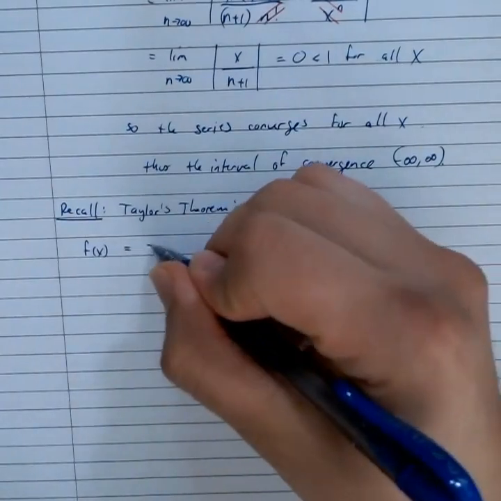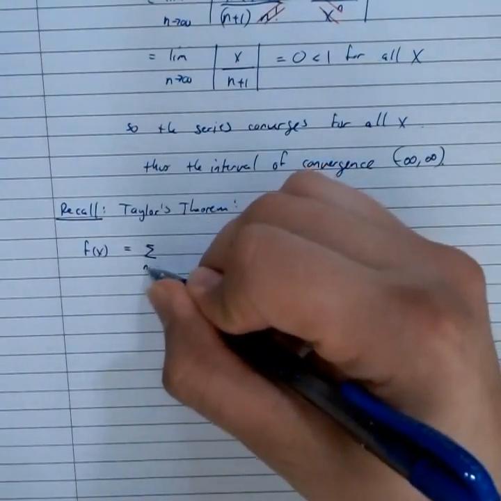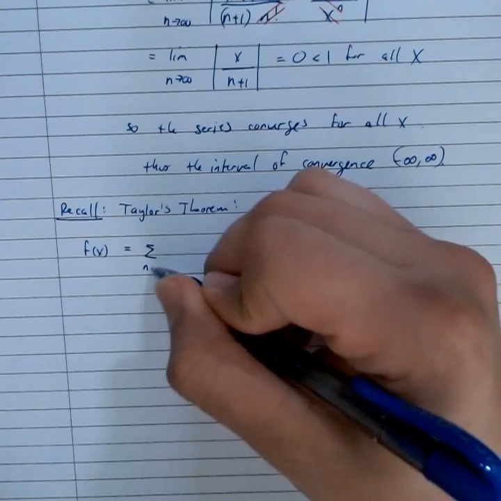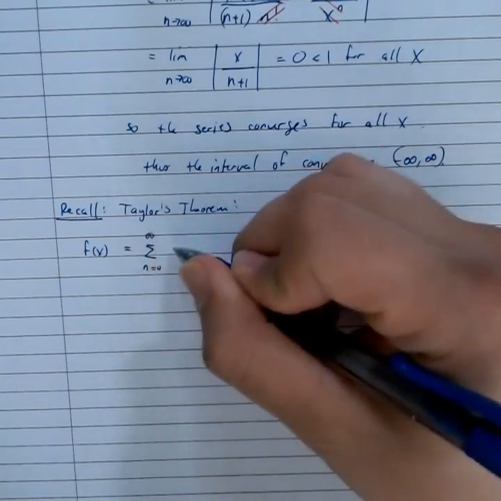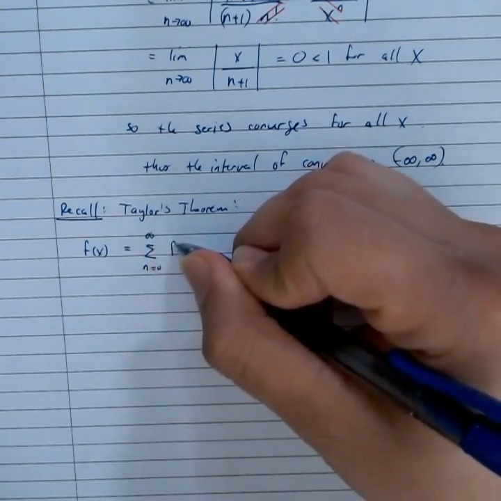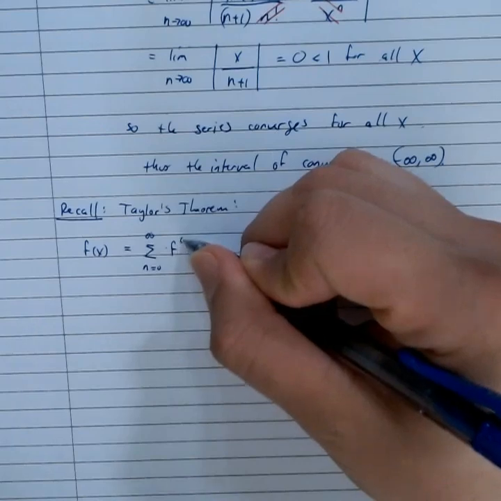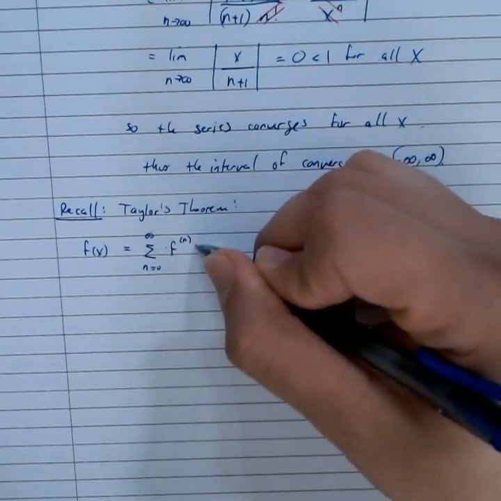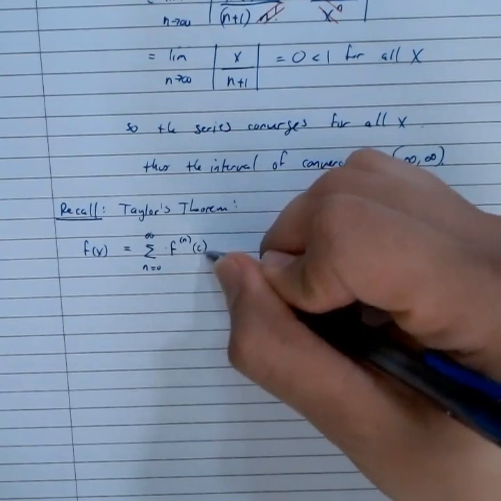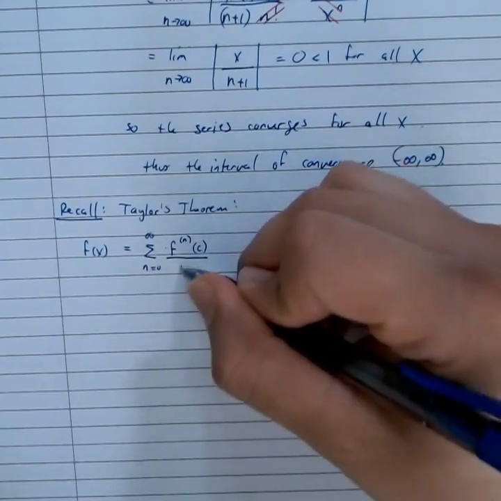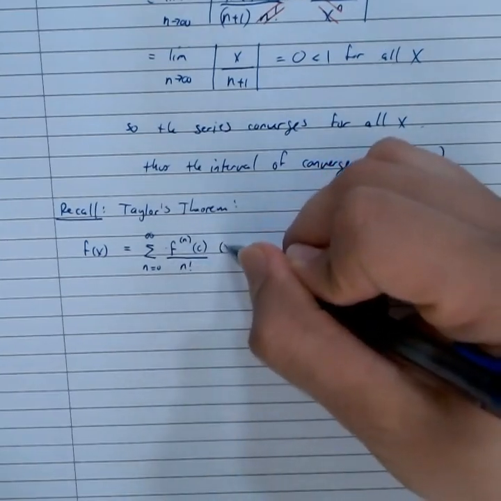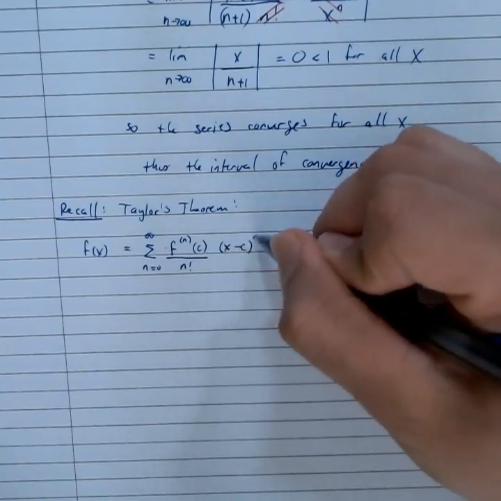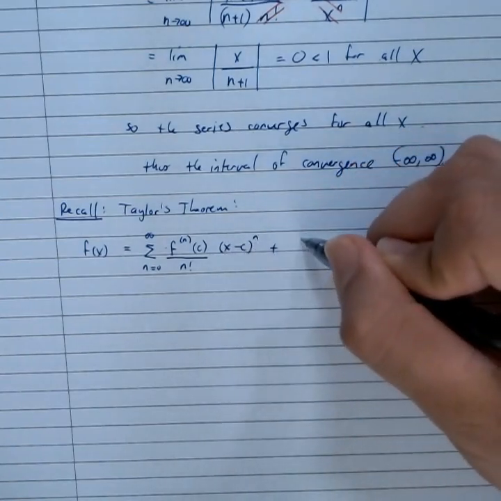Well, we can make it exactly equal to its Taylor polynomial. We can make it equal to the sum as n goes from 0 to infinity of, let's write it as a Taylor polynomial, the nth derivative of f evaluated at the center over n factorial times x minus c to the power n plus some remainder.